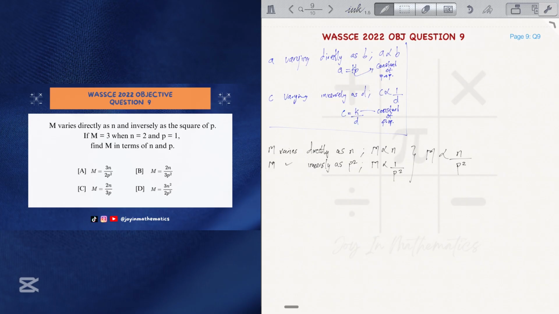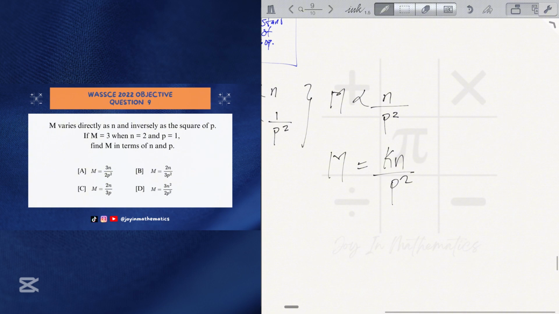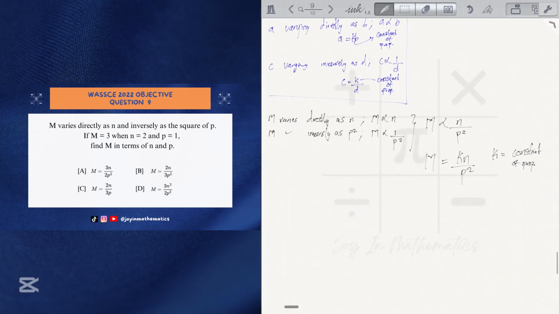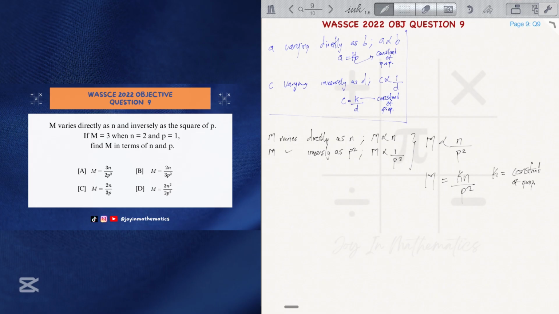So we'll have m is equals to kn divided by p squared, where k is equals to the constant of proportionality. Now we have implemented the first line of the question to give this.